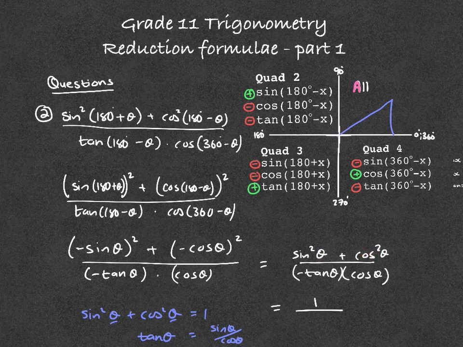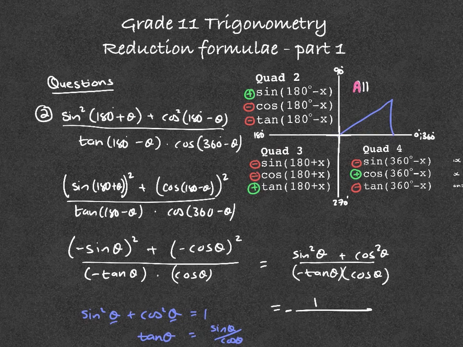And then we've got minus tan theta. First of all, our answer now is going to be negative, right? We've got a 1 on top, and here we've got a negative ratio times a positive ratio, so our answer is negative. So what's another way to write tan theta?